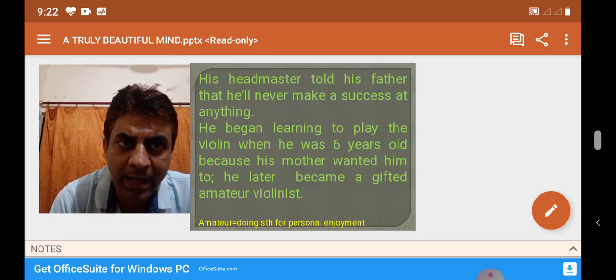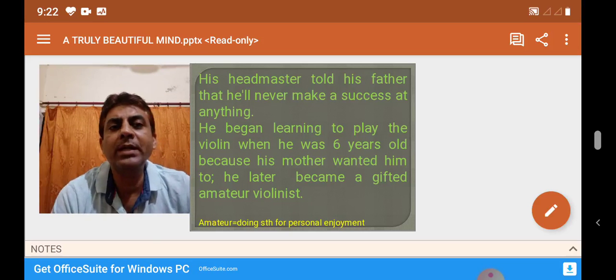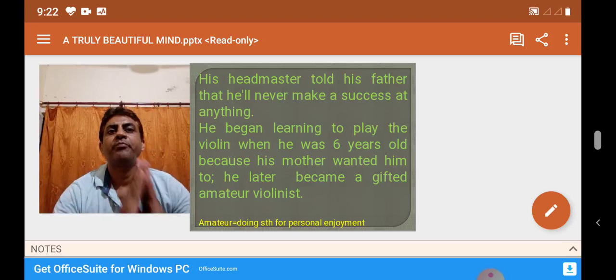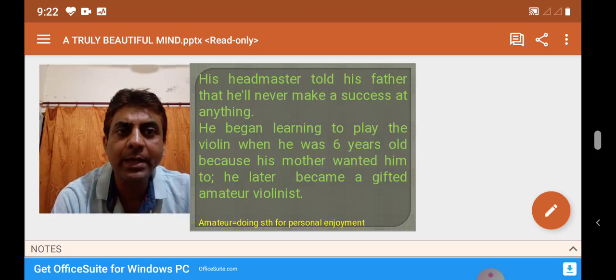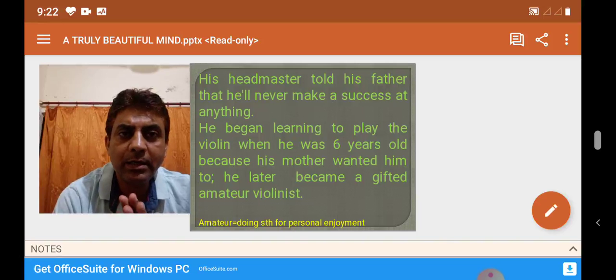And at the age of 6 years, he began learning to play the violin because his mother wanted him to learn and play the instrument. Later, because of his hard work and interest, he became an amateur violinist. Amateur means doing something for personal enjoyment.